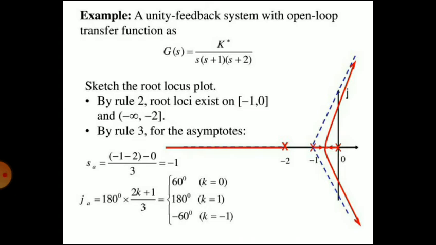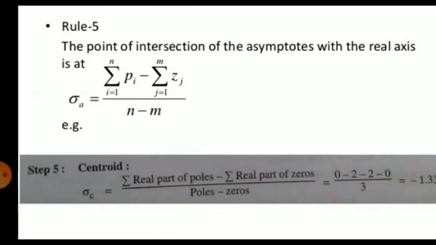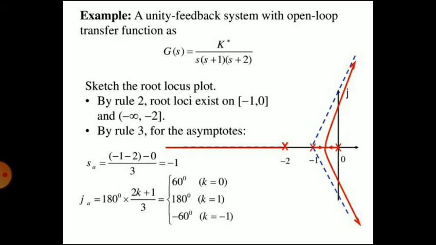So you can see here now. The transfer function is given as G(s) equal to K upon s into s plus 1 and s plus 2. So by the rule, find out the value of s, that means find out the poles, that will be s equal to 0, s equal to minus 1 and s equal to minus 2.